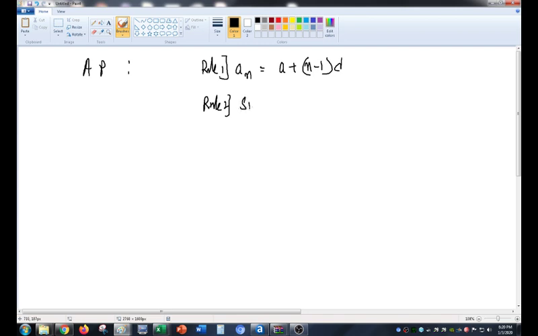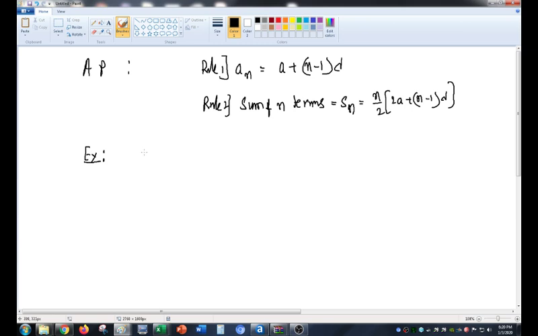Rule 2 is the sum of n terms, which we call Sn. Sn is equal to n by 2 into 2a plus n minus 1 into d. So only these two formulas are there. The entire chapter falls on only these two formulas. That is why this chapter is very easy, because no more formulas are there.